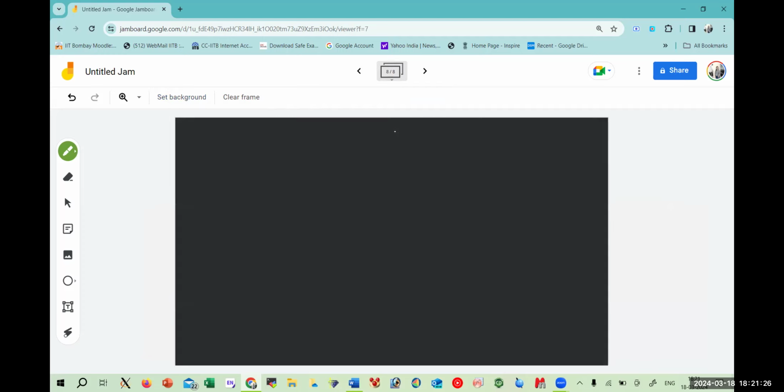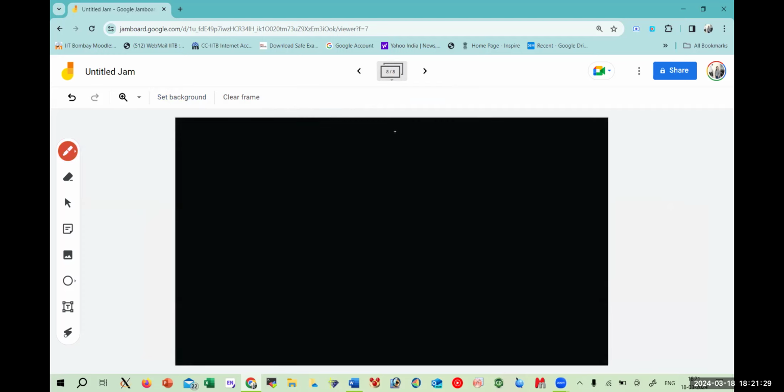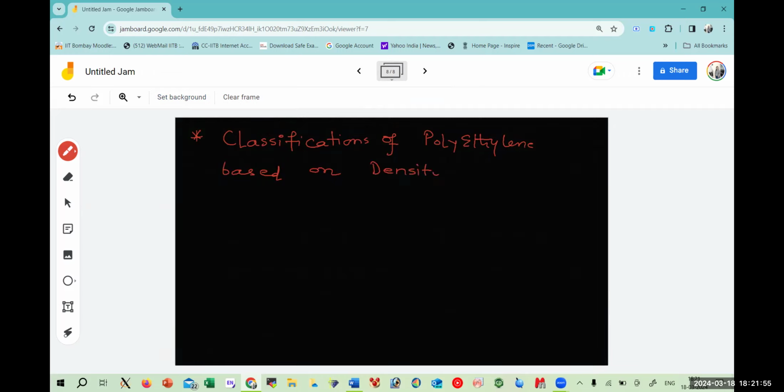Now moving to different classifications. Classifications of polyethylene based on density. And this also arises from two factors.